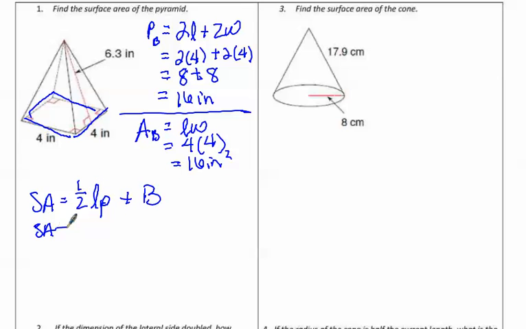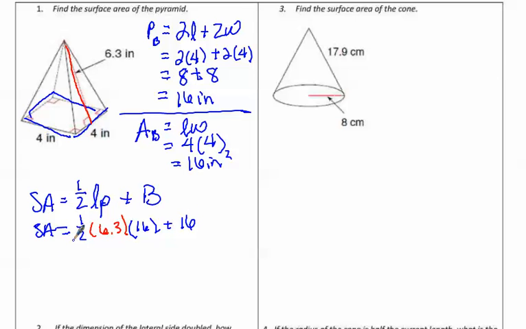So you get surface area equals 1/2. Your lateral height is the height on your side. So this is your lateral height. And then we found the perimeter of the base, which is 16, plus the area of the base, which is 16.